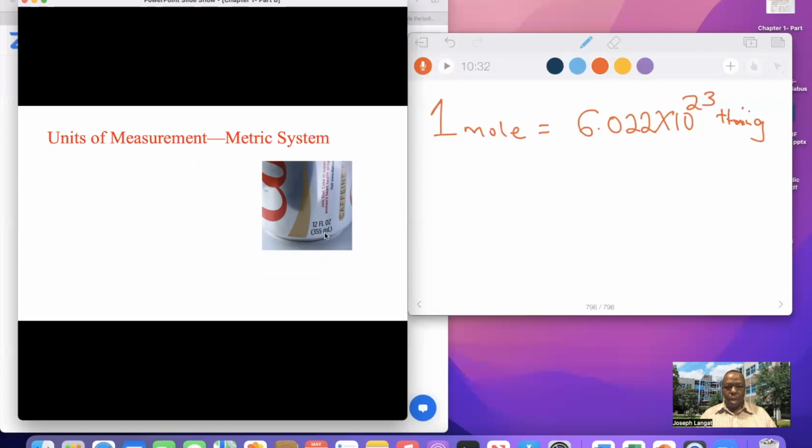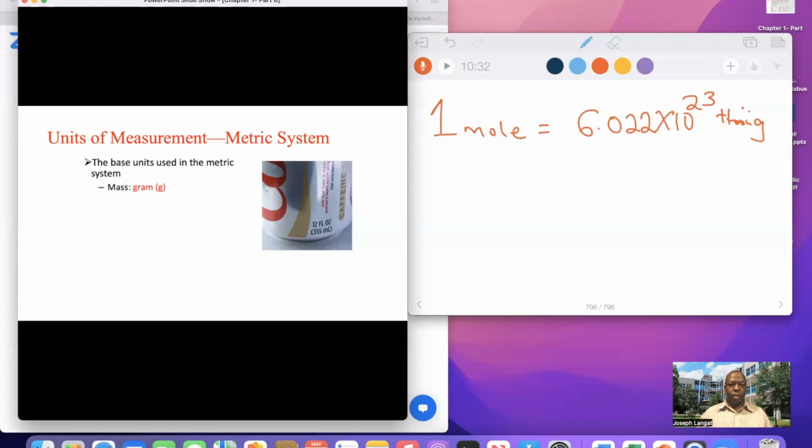What you see here, mL, is reducing the base unit. We'll see later on the prefixes used to reduce or increase the base unit in metric. Milliliters reduce the base unit of liter by 1,000.